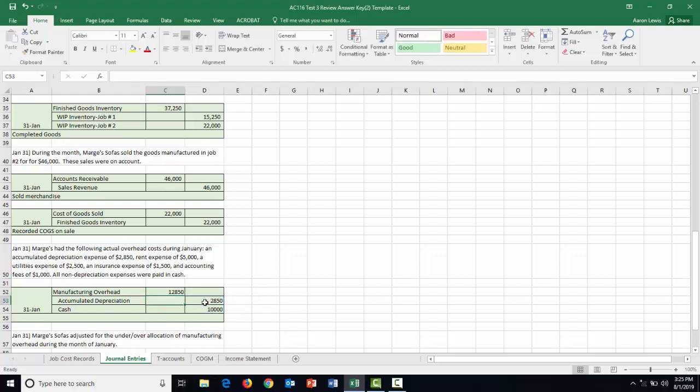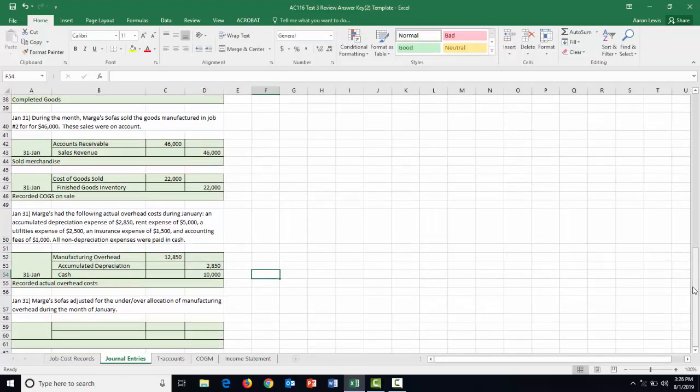If we had $10,000 in cash expenses and $2,850 in accumulated depreciation, we've got to have manufacturing overhead recorded for its actual expenses of $12,850. So we recorded our actual overhead costs.